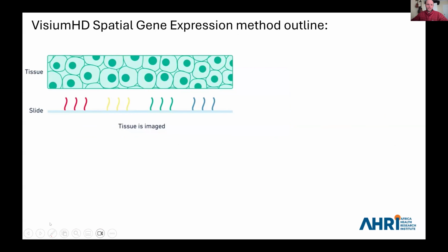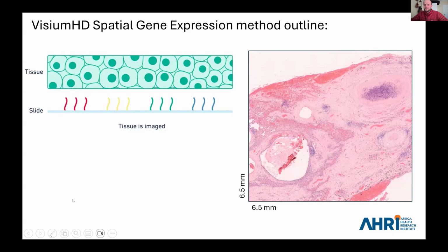So this is essentially how the method works, which I'm sure everyone is aware of. Essentially you have your tissue sample and a capture slide. Your tissue sample is H&E stained, so you have this reference image. You select a region of interest as the capture area is only 6.5 by 6.5 millimeters, so you essentially need to select the area of interest from your tissue section.